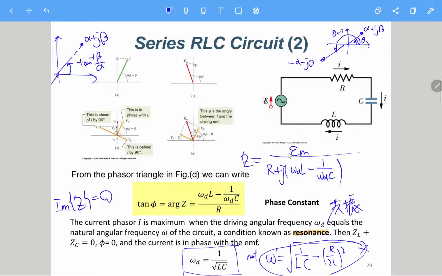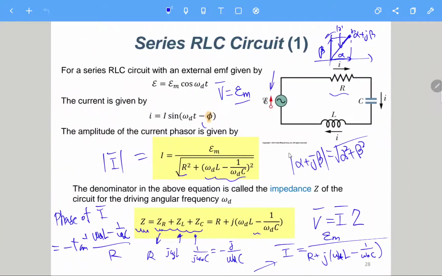Z being a real number means the voltage and the current will have the same phase. And in that case, I will have the maximum amplitude because this term is 0. This term being 0 means the denominator takes the minimum value, and the denominator taking the minimum value means the whole term takes the maximum value.